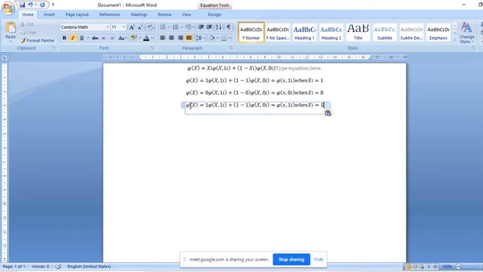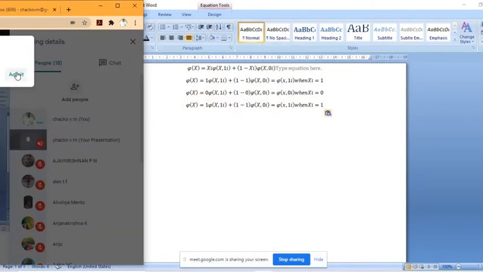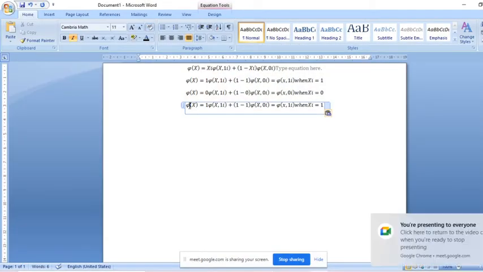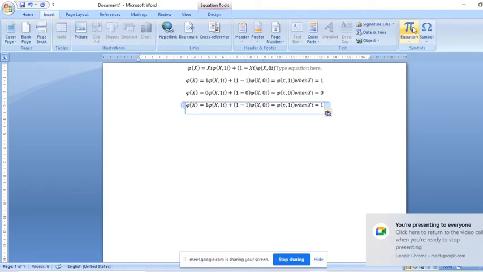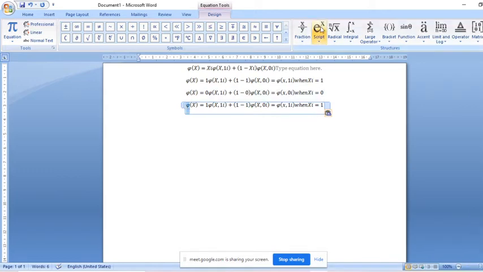Phi d. What is phi d? Phi raised to d, that is the dual. Phi raised to d of x equal to 1 minus phi of 1 minus x. This is the dual formula.